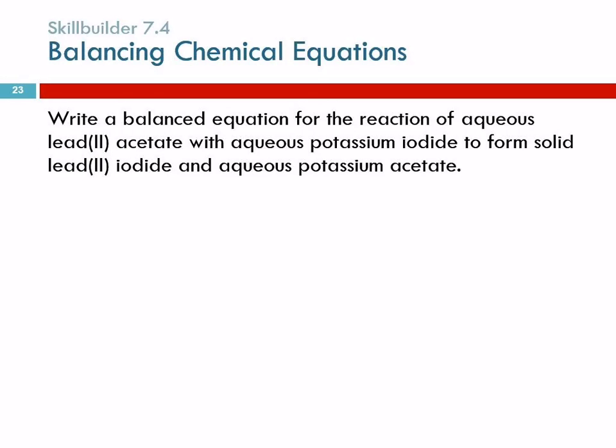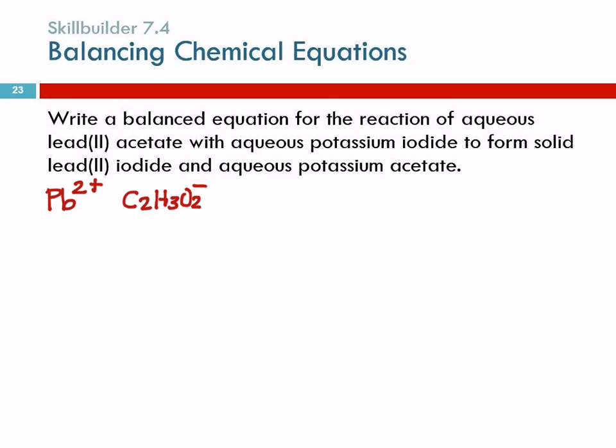We need to write the formulas for the individual ions. The Roman numeral tells us that's Pb2+. Acetate, we're supposed to memorize. C2H3O2 with a -1 charge. To put these together into a formula for a compound, we look at the charges. This is 2 and that's 1.